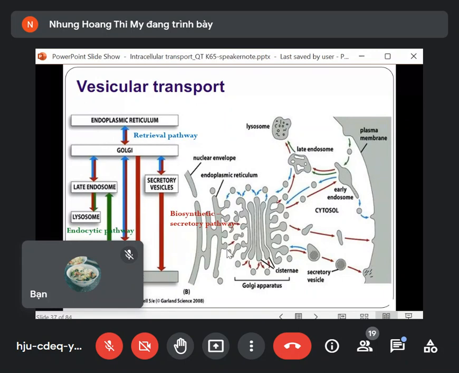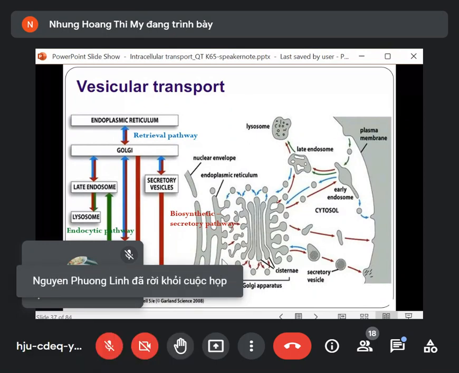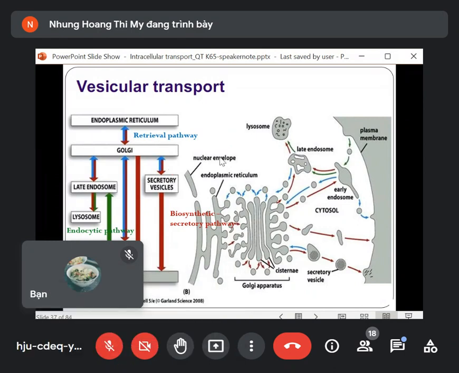By this way, the cell reuses transmembrane proteins and other material in the vesicular structure. So we call this the retrieval pathway.